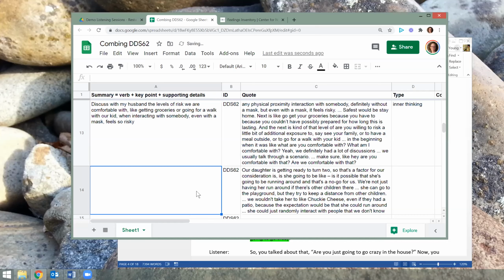What should our verbs be? We could say avoid, consider. Make sure, maybe.